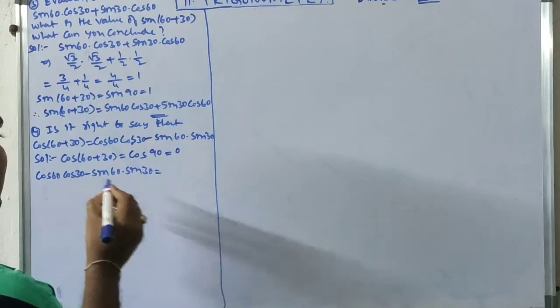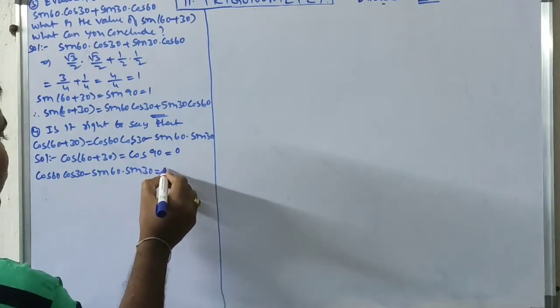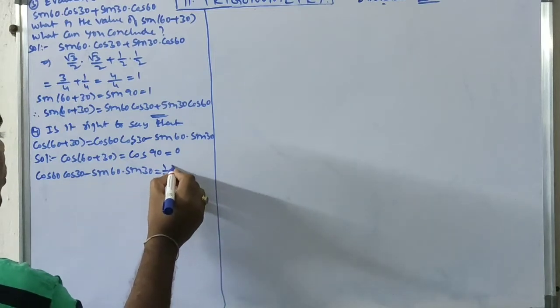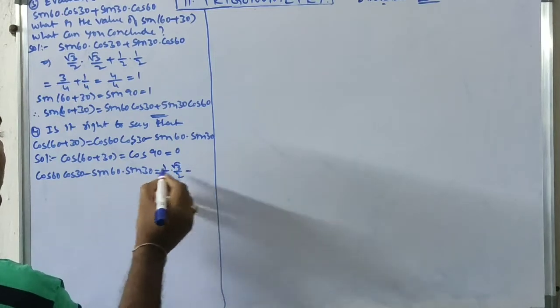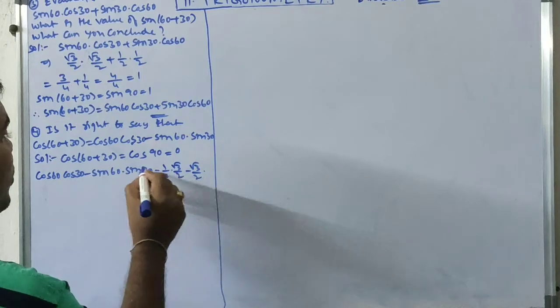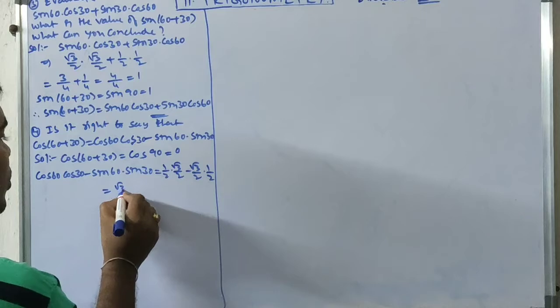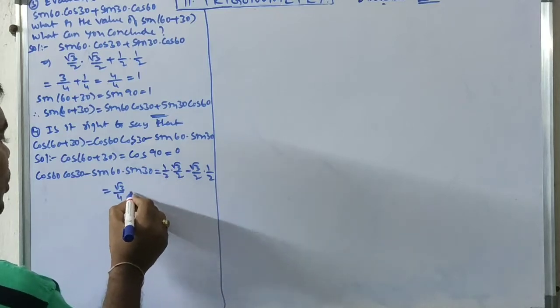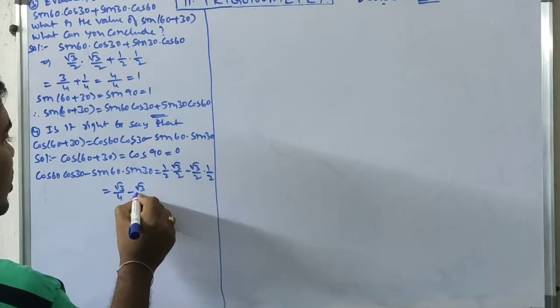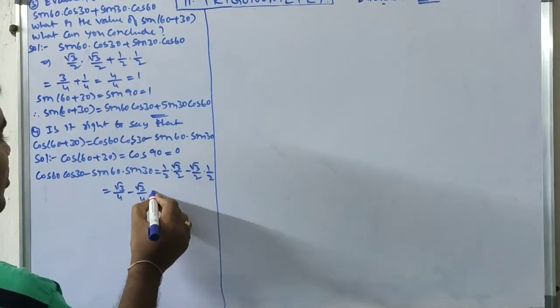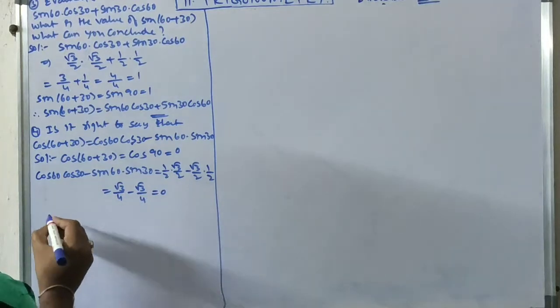Cos 60 equals 1 by 2, cos 30 equals root 3 by 2, minus sin 60 root 3 by 2, sin 30 1 by 2. So the numerator is 1 into root 3 over 2 into 2 which is 4, minus root 3 into 1 over 2 into 2 which is 4. These two are the same, with a minus between, so they cancel and we get 0.